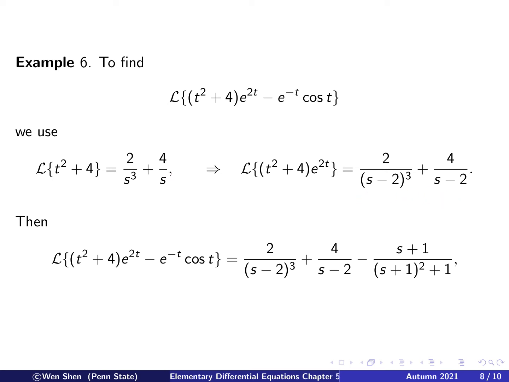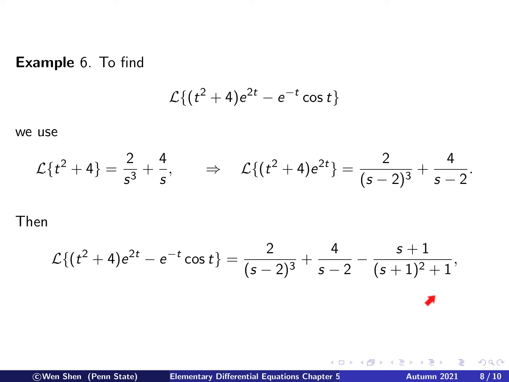And then we can quickly realize this one. This is the Laplace transform of cosine with a negative sign in the front, and in that transform we're going to shift by negative 1 unit. That is, wherever you have s, you will replace it with s plus 1. Okay, and this is what we wrote here. So I'll get s plus 1 over s plus 1 squared plus 1.